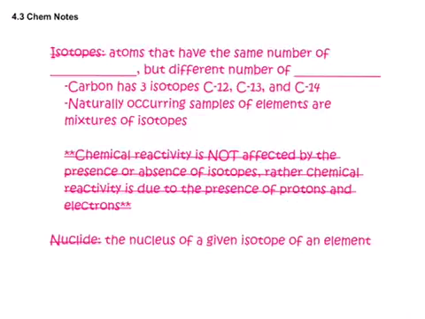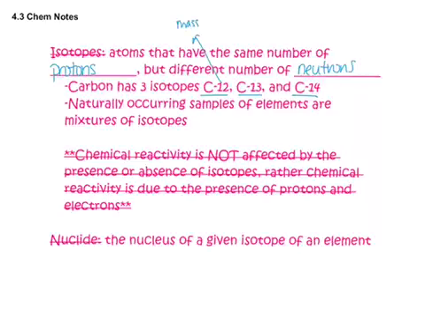Isotopes refer to atoms that have the same number of protons, but a different number of neutrons. For example, carbon has 3 isotopes. We call them carbon-12, carbon-13, and carbon-14, and those numbers are referring to the mass number.